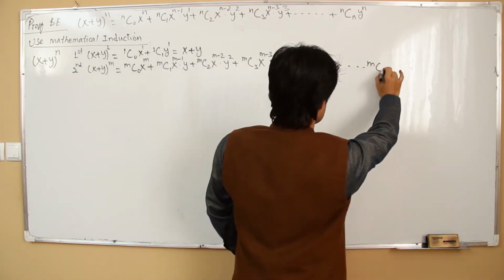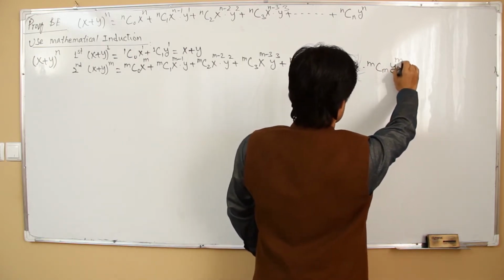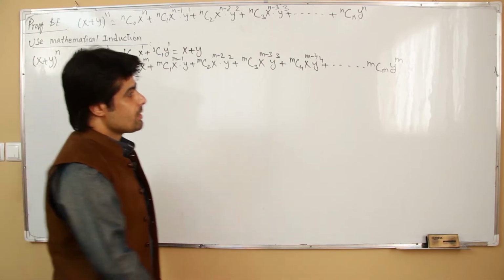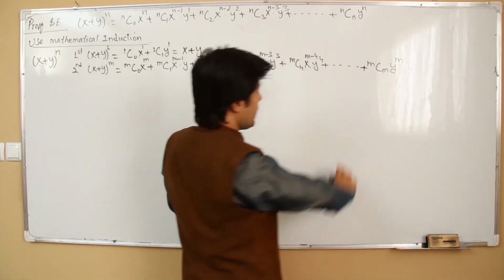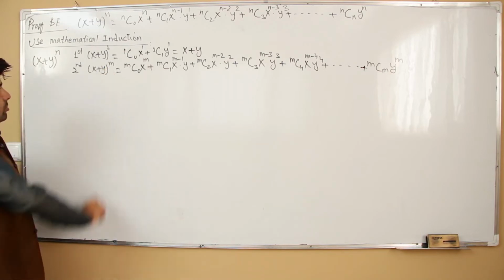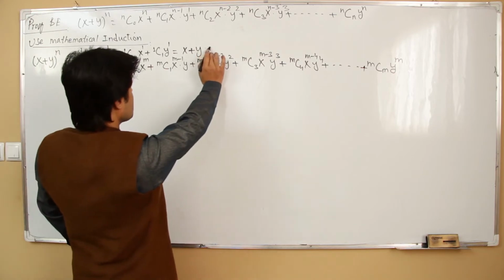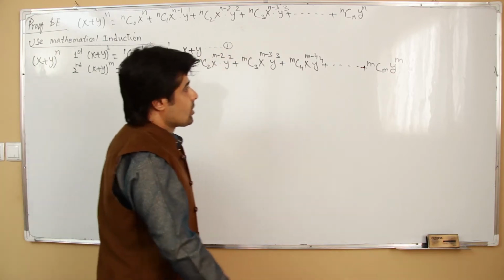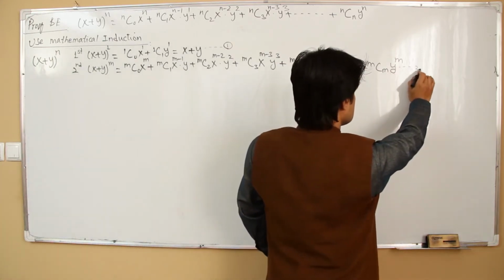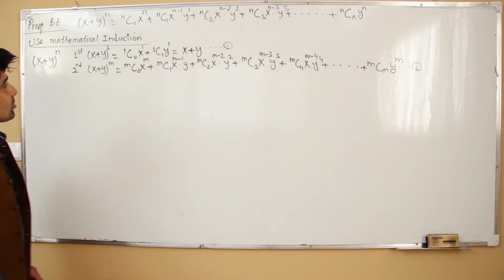Up to mcm x to the power 0 y to the power m. Is this one the expansion for the x plus y raised to the power m? Yes. Now, if this is our first equation and this is our second equation, multiply both sides.